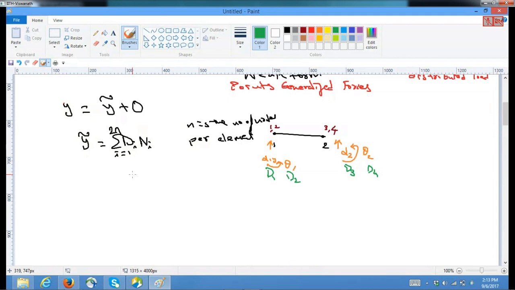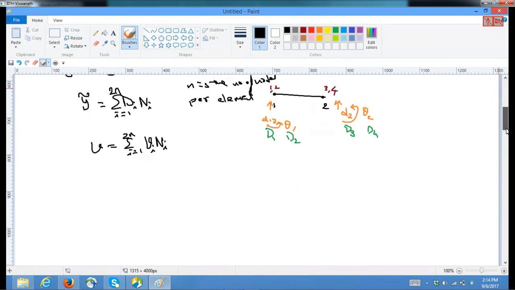So by assuming such a numerical approximation, we put it back on the weak form. We also showed that we should use the same interpolation technique for the virtual displacement.